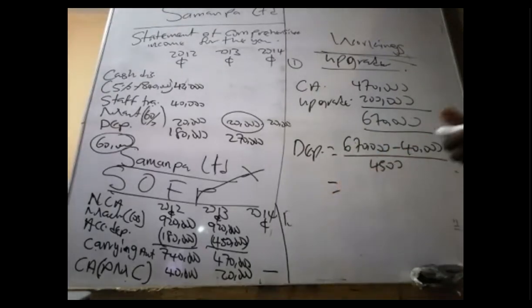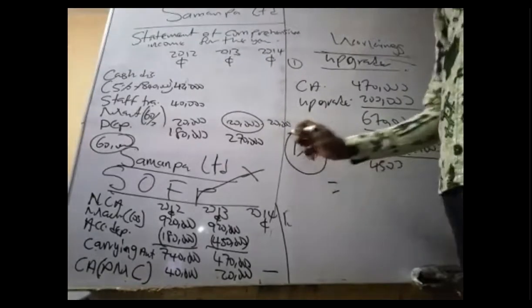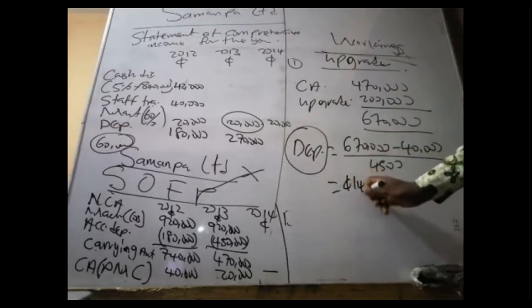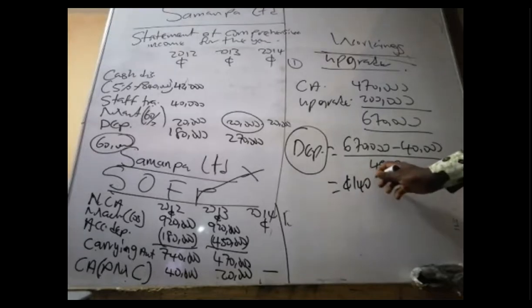In short, anytime you change the life of the asset, the scrap value, or even the method, you've changed an estimate, not a policy, because the method, the life and the scrap value are all estimates. So that's 140 per hour.